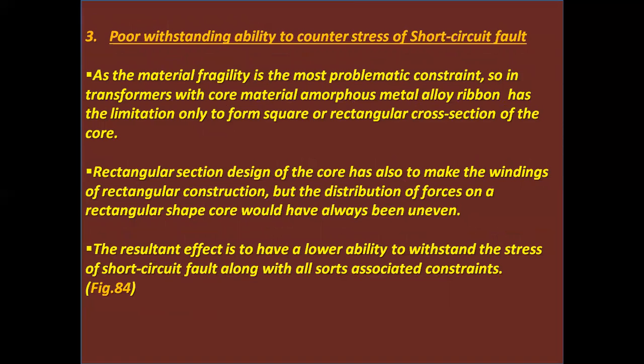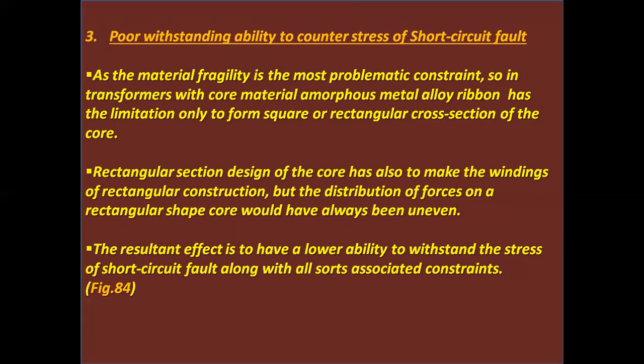Poor withstanding ability to counter stress of short circuit fault. As material fragility is the most problematic constraint, in transformers with amorphous metal alloy ribbon core material, there is a limitation to form only square or rectangular cross section of the core.